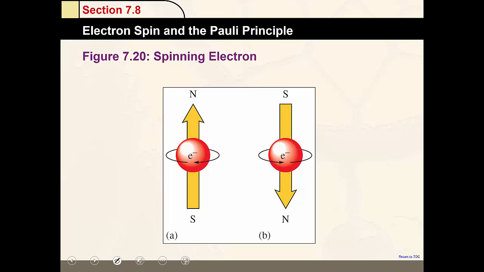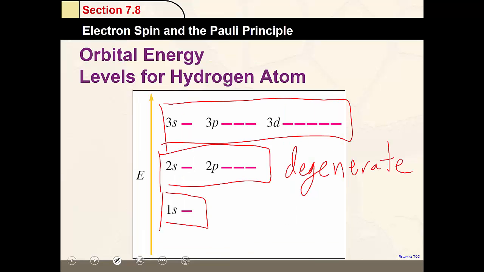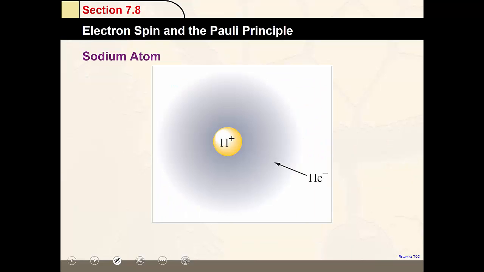Okay, so the reason why in these different shells, these different subshells have different energies is for 3 different reasons. So we know in a sodium atom, meaning it's neutral, it has 11 protons and 11 electrons. So let's say we think about an electron right here.